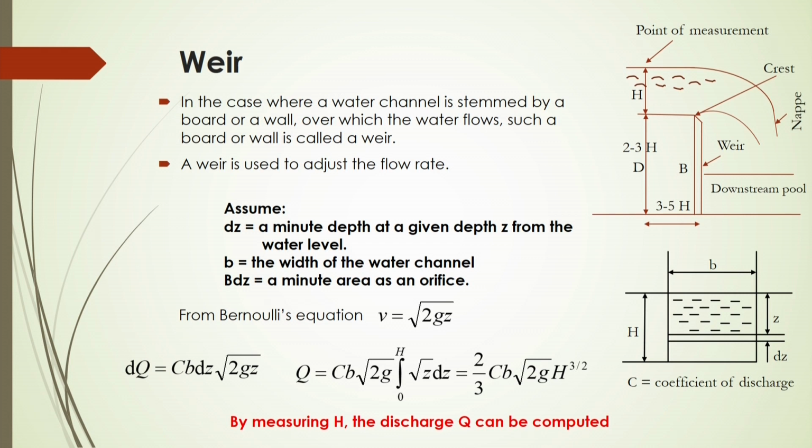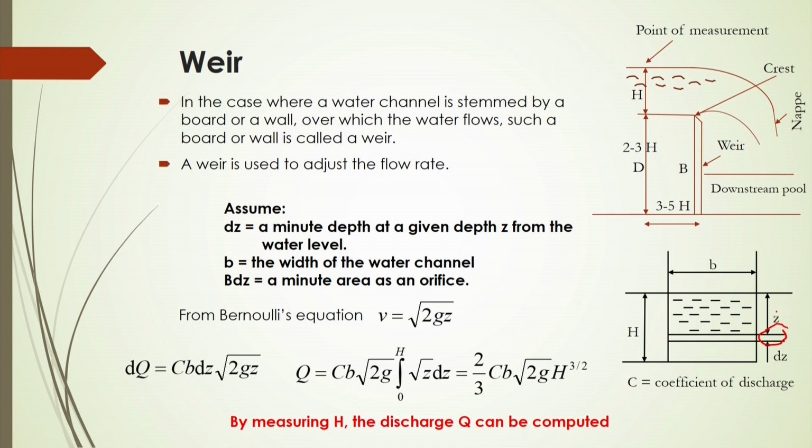Assume a minute depth dz at a given depth z from the water level as shown in the figure. In this case dz is considered, and b is the width of the water channel, and then b into dz will be a minute area as an orifice.